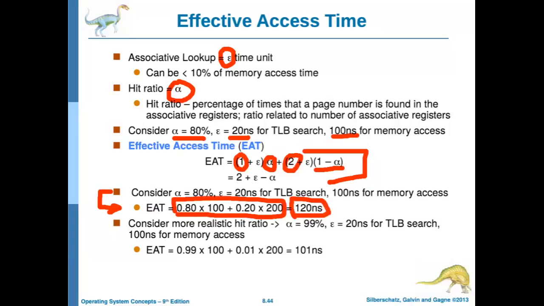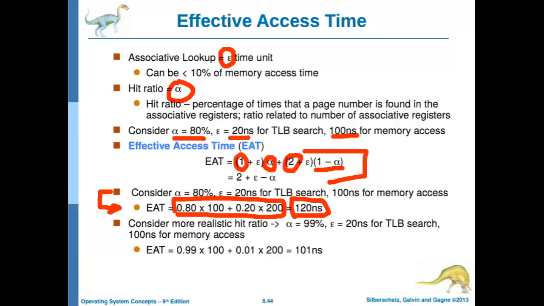Because if there is no TLB and just memory access, which needs 100 nanoseconds once for the page table and once for data or instruction, it is 2 times the memory access time, so 200 nanoseconds. That is reduced to 120 nanoseconds.